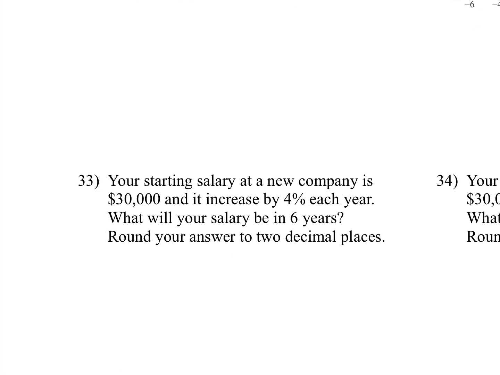All right, 33. Your starting salary at a new company is $30,000 and it increases by 4% each year. What will your salary be in 6 years? So here, our equation is P times 1 plus the rate to the power of t.